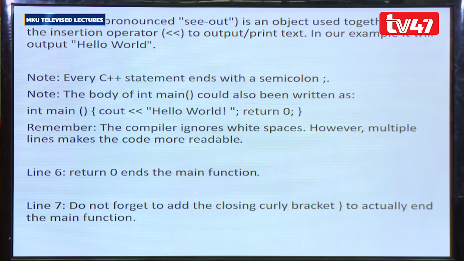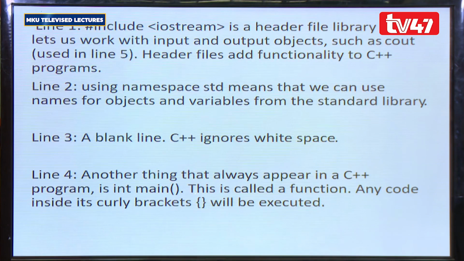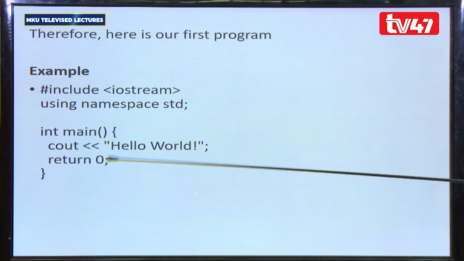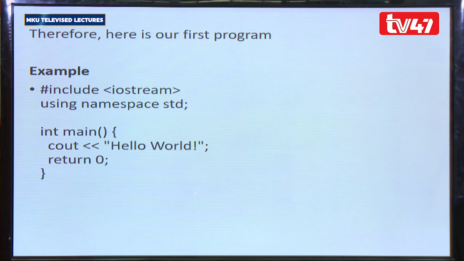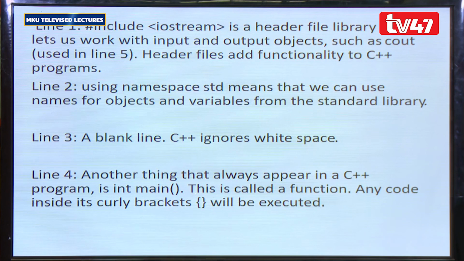And of course, we have line 5, what we have called cout. This is an object used together with the insertion operator. If you go back to our program here, you will see the insertion operator there.